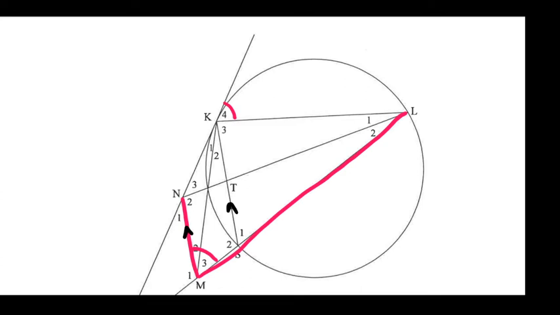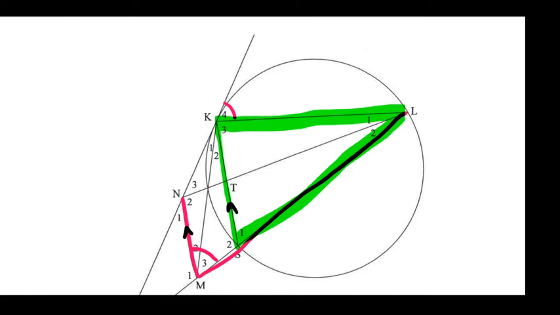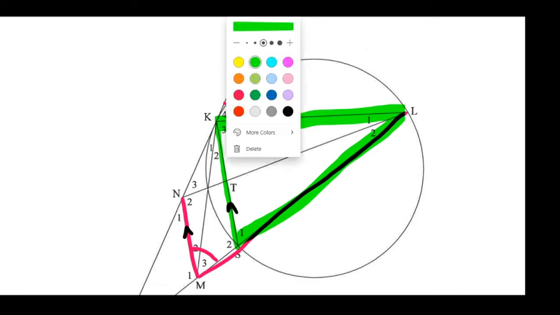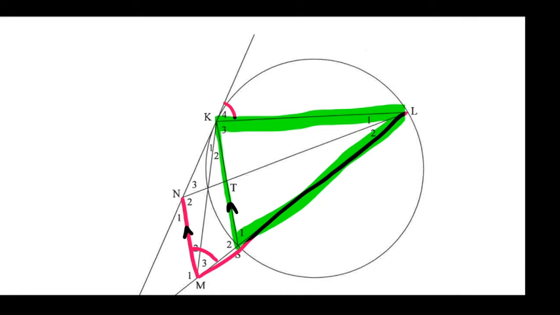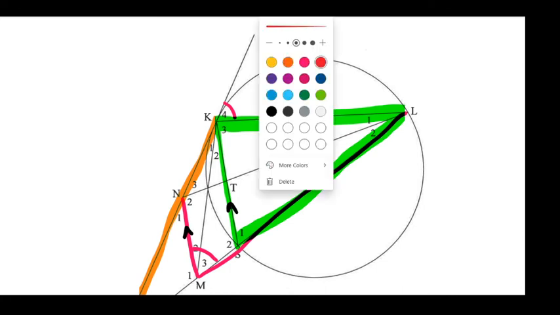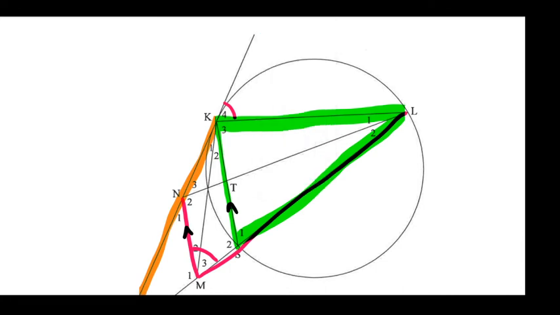If you see clearly, I'm just going to use a highlighter this time around. This triangle here, and remember that we were told that this is actually a tangent. This orange line is a tangent. So this orange line together with KL is going to produce an angle of K4, with this tangent, which is KN. So KL will subtend an angle here.